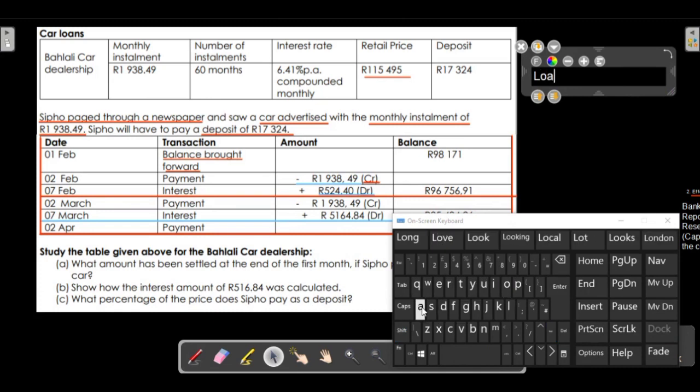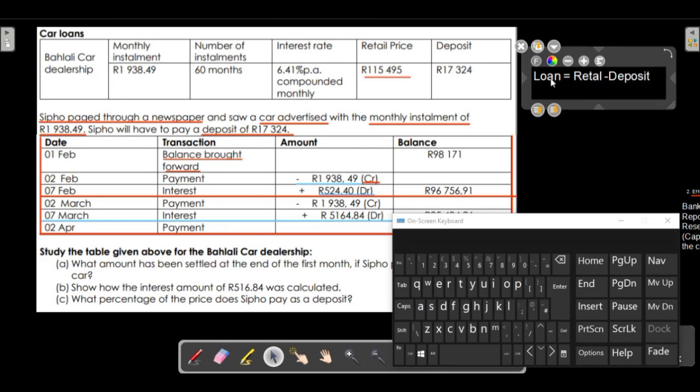The loan amount in this case would have to be the retail price, the purchasing price, subtract the deposit from that, and what results is the amount that will be charging interest.